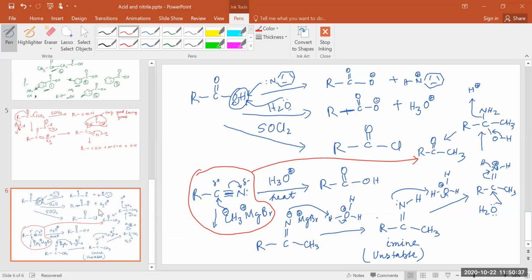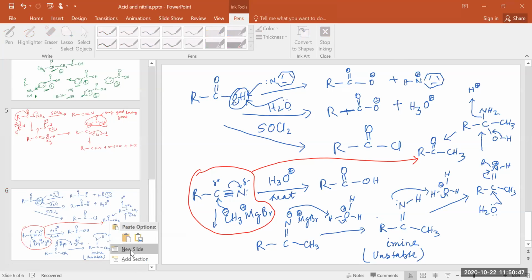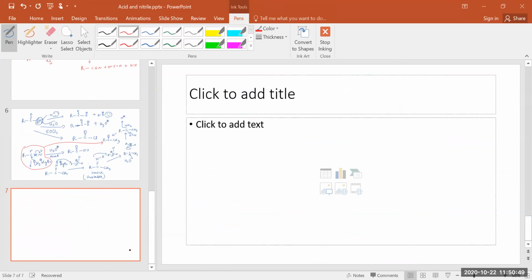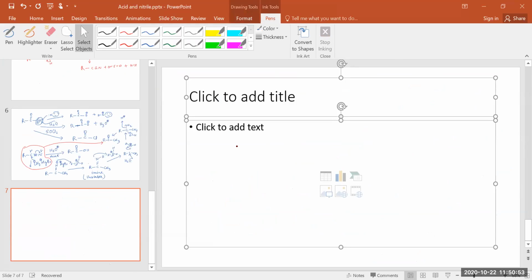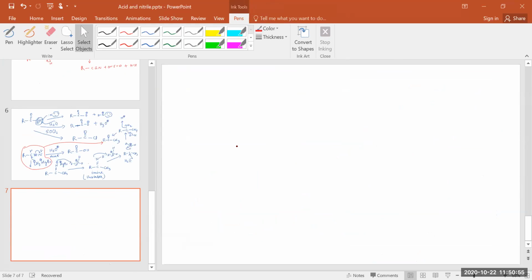So I think these are the reactions we have. Okay, one more reaction. Reduction of nitriles, because remember this one, reduction of nitriles.